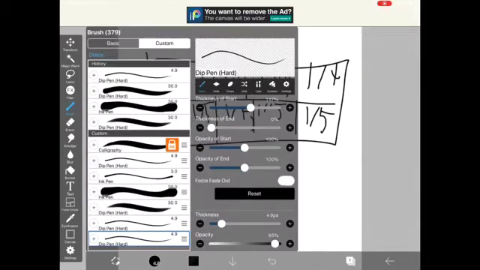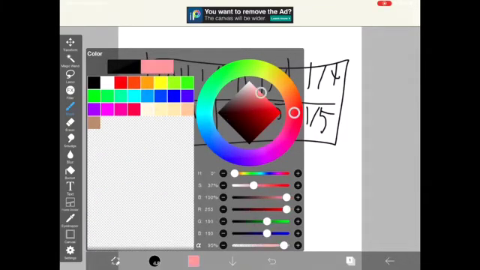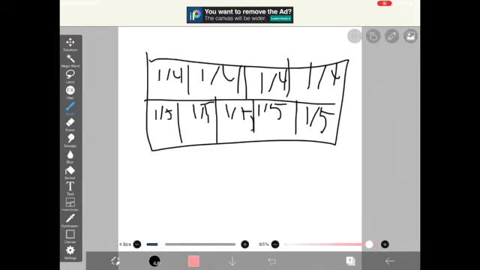So you're going to shade over it very lightly. It said 3/4, so I'm going to shade 3 of the 4, 2/5, shade 2 of these fifths.